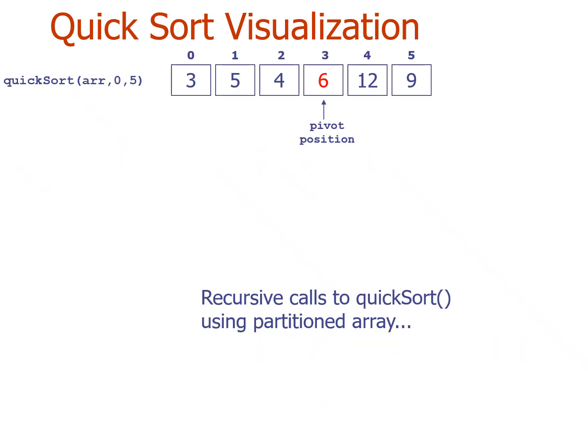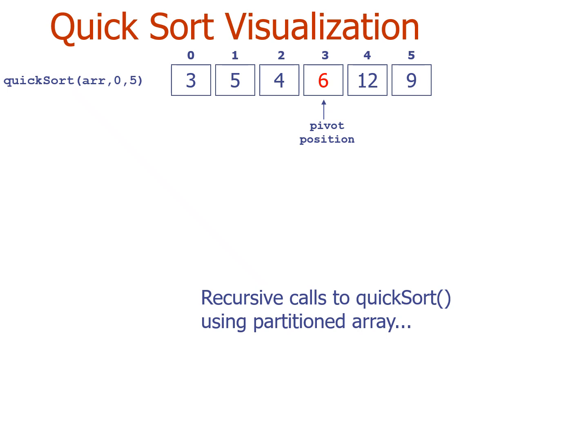So what we are going to do next is apply the same algorithm on the left subarray of 6 and the right subarray as well, each separately.